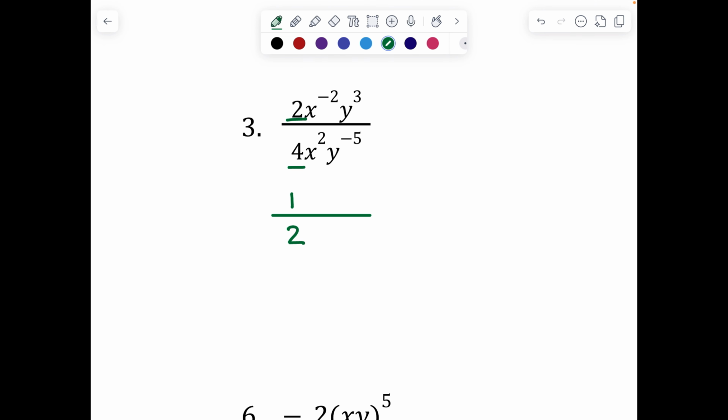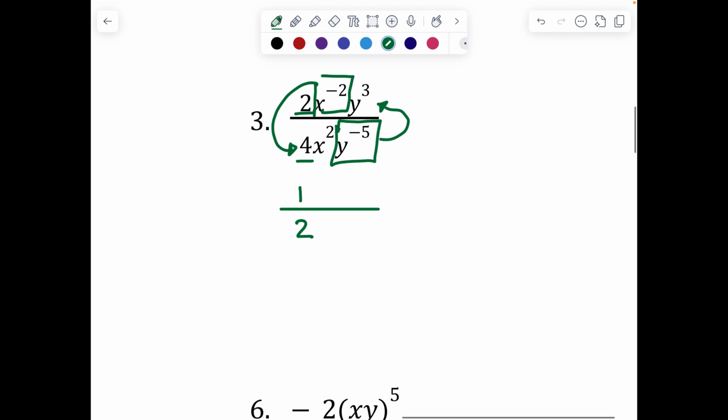Now I'm going to look to move my variables first. So I see x to the negative 2nd. I'm going to move that into our denominator. I see y to the negative fifth. I'm going to move that into my numerator. So y to the third stays as it is, because that was positive, it stays.